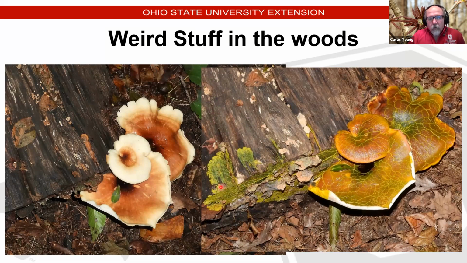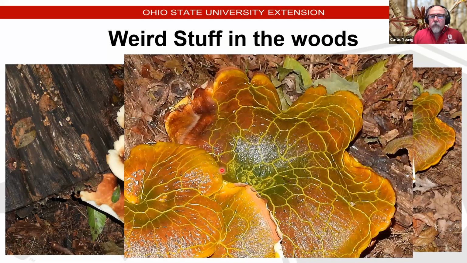And you can see it on the log here as well. This is called plasmodial slime mold. This is one that will send homeowners screaming out of the woods thinking that there are aliens or body snatchers growing in the woodlot, because you can see this incredibly neon green-yellow coloration, and it almost looks like veins running across the surface of these polypores.